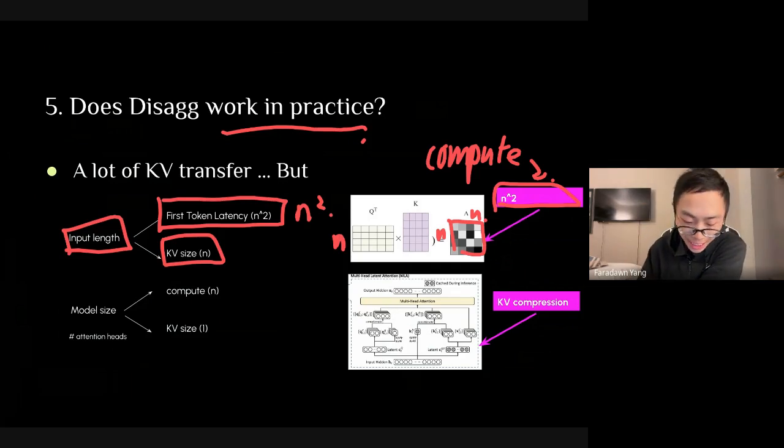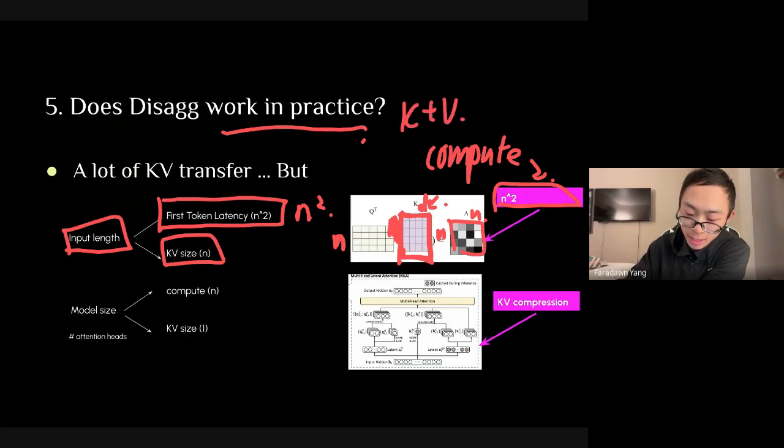However, the KV cache, is it n squared? No, KV cache is only of size n because this K matrix is d by n, where d is a constant. So it only grows with n. So K plus V is just 2n instead of n squared.